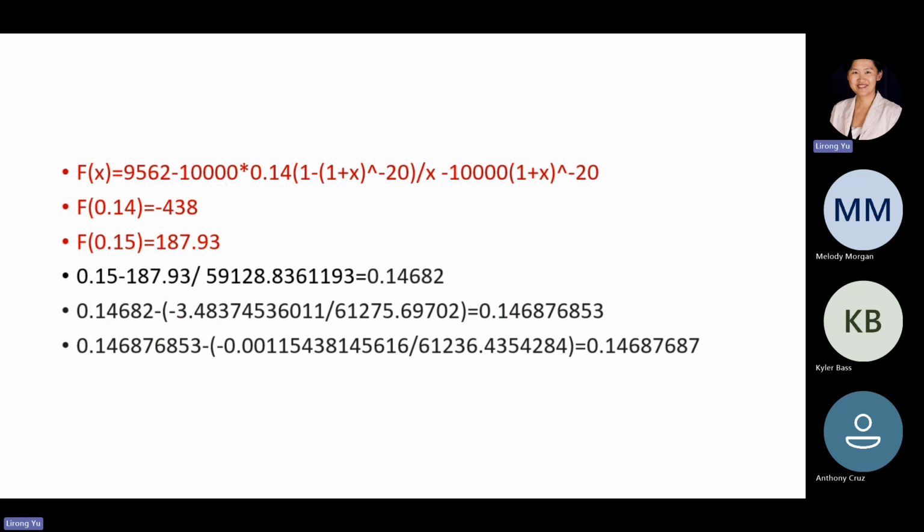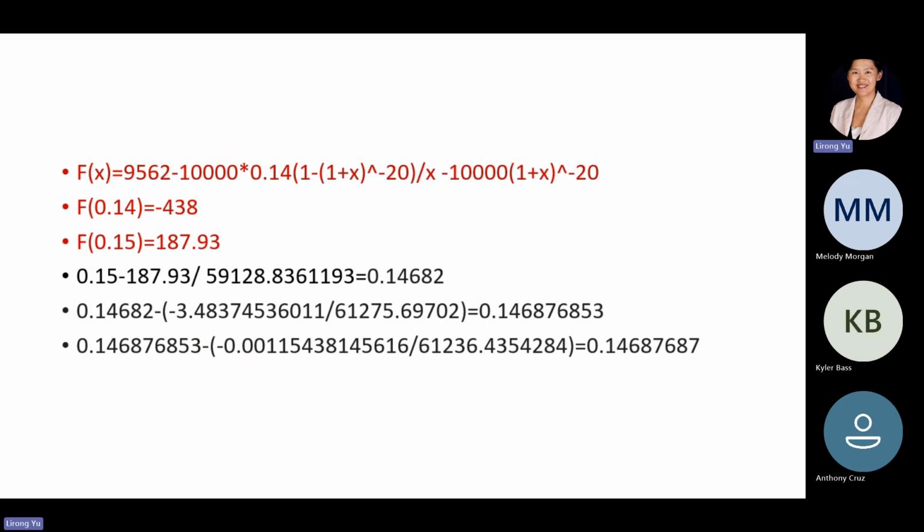I start with 0.15 minus the value at 0.15 divided by the derivative at 0.15. That was the updated value, and it's not quite as accurate. So I put it in again, minus the function value at 0.1468 divided by the derivative, and that updates a little bit more.